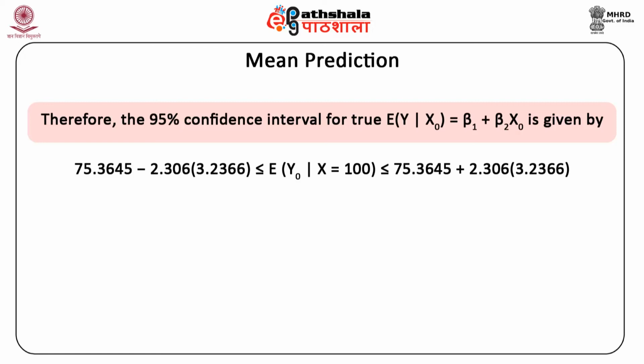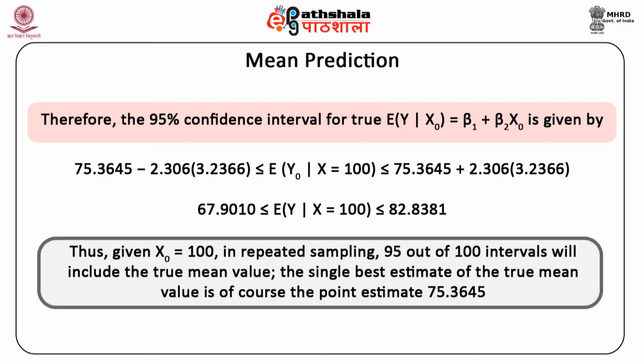That gives us the interval of 67.9010 and 82.8381. Thus, given x0 equal to 100, in repeated sampling, 95 out of 100 intervals will include the true mean value.